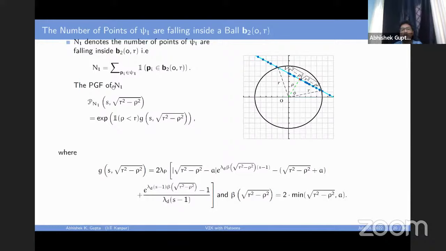Remember, you can compute the distribution of the total number of points on this line, which is given by this function: exponential of some g function which depends on the length of this chord. And g is given by this one. I don't want to go into the detail of this, but this is basically just applying the Laplace functional to compute the total number of points which are inside this ball.